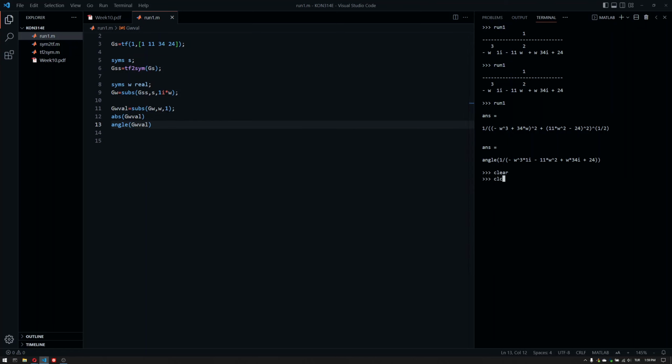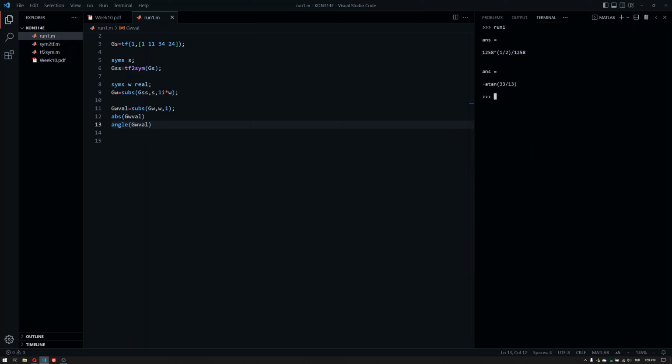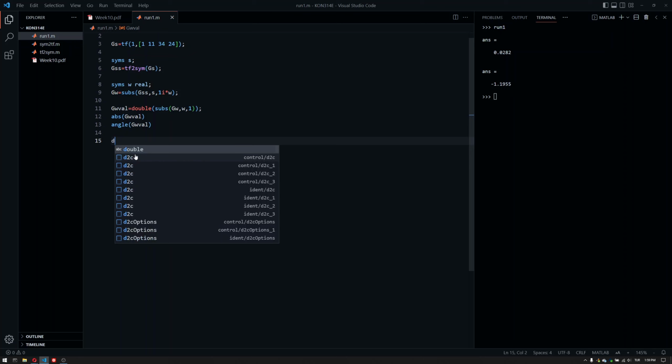Let's see. Now that's basically it. Of course, what I need to do is convert it into double so that this becomes numerical data, not symbolic. And let's do that. Let's run it again. There we go. Now, is there something called angle D?